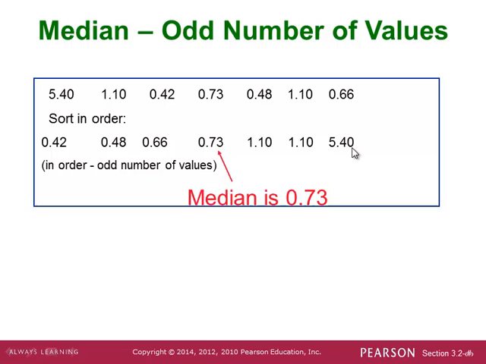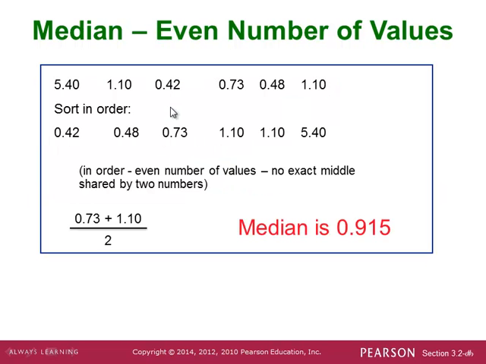So if you have n as your data set, then n plus 1 over 2, as in 7 plus 1 is 8, divided by 2 is 4. So the 4th individual is going to be your median. If you have an even number of numbers, like I said, sort it from smallest to largest, and then take the average of the middle two, which will be your 3rd and 4th numbers in this case.